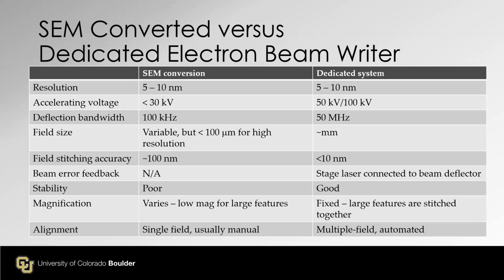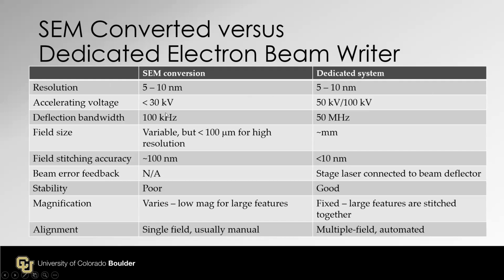Okay, let me talk about the comparison between the SEM converted EBL system versus the dedicated electron beam writer. It's not about resolution. Resolution, 5 to 10 nanometers. Maybe with a modern E-beam writer, less than 5 nanometers. But about the same.